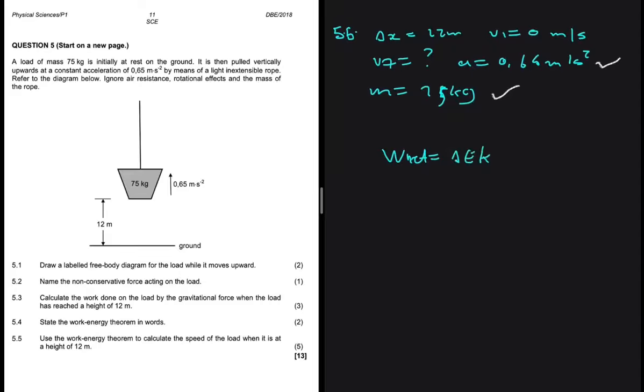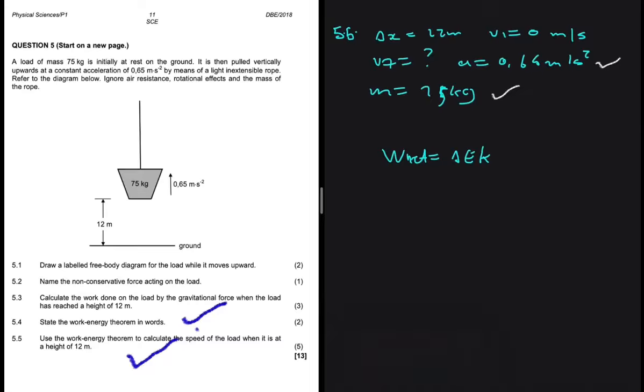Now I want to point something interesting out to you. Look, at 5.4, the question is saying, let's state the work energy theorem in words. And then in 5.5, we're using the work energy theorem. So always be aware of these things, that if a question asks you to define something, you're probably going to use that law to answer the questions that probably follow. Right, let's get on with the question.